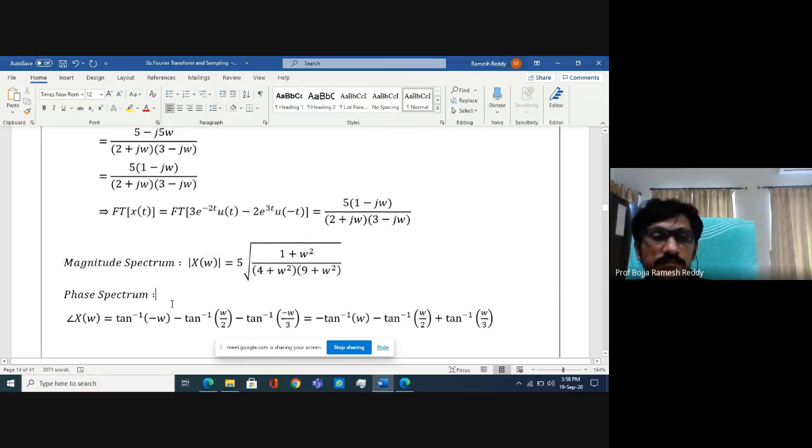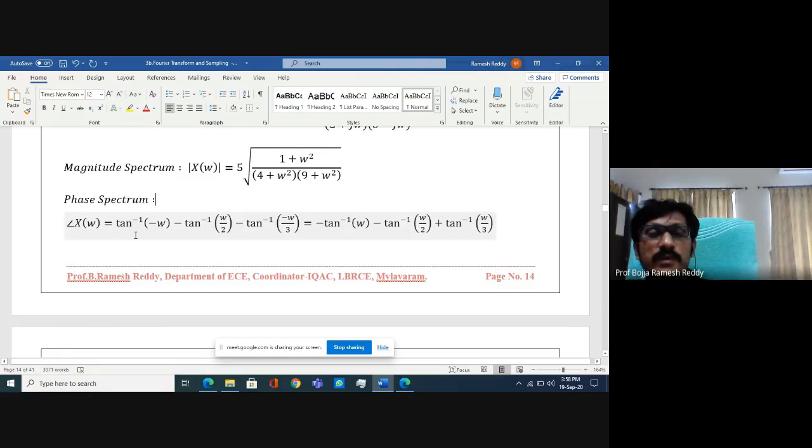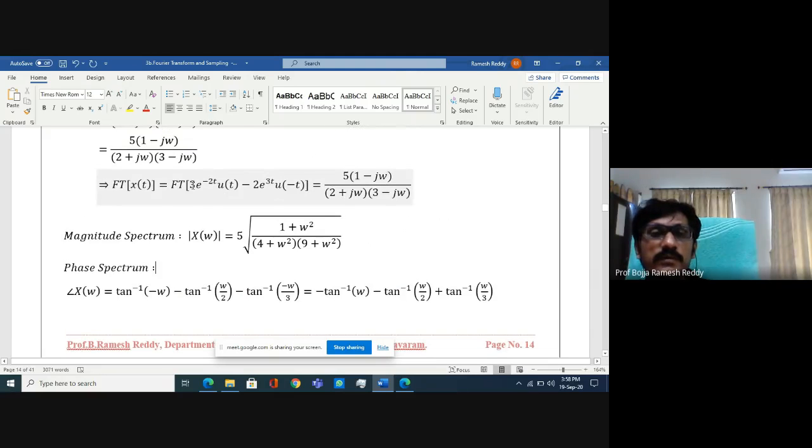Then the phase spectrum. Phase of X(ω): tan inverse of the numerator, minus ω by 1, that is tan inverse of minus ω. Minus the denominator terms: tan inverse of ω by 2 and tan inverse of minus ω by 3.